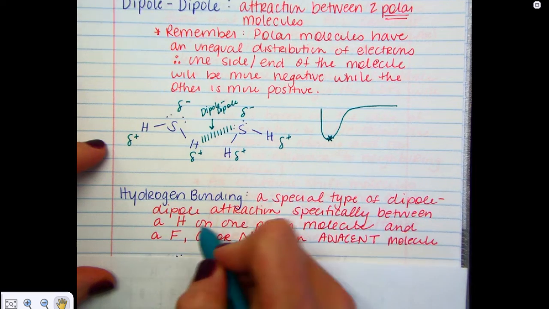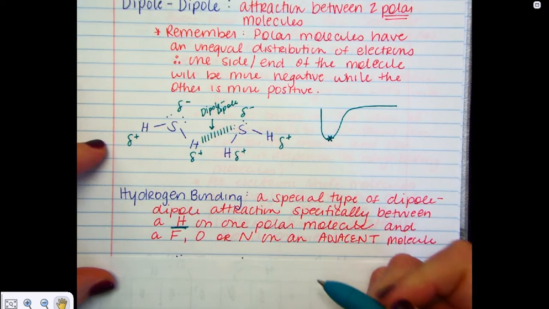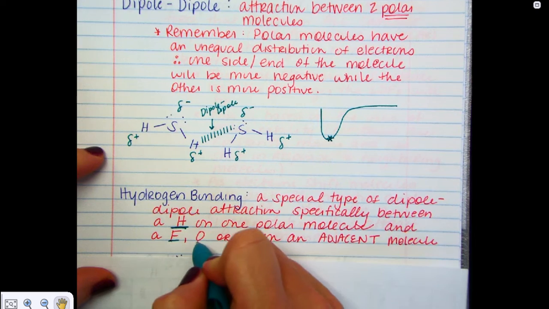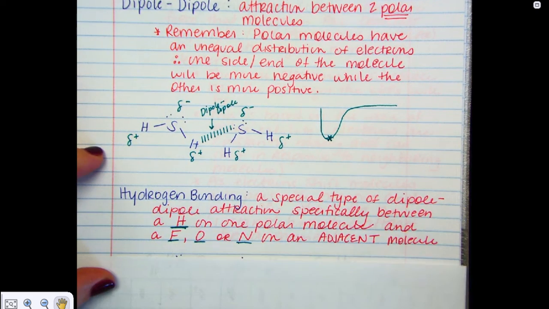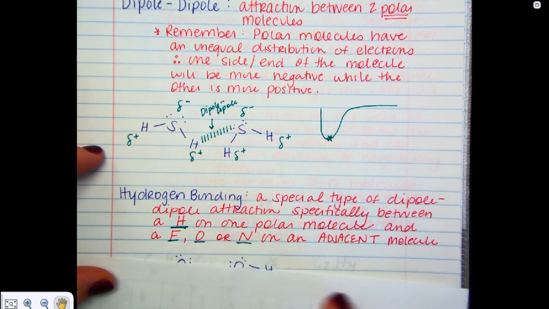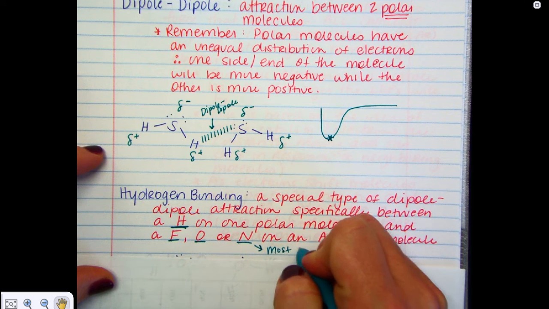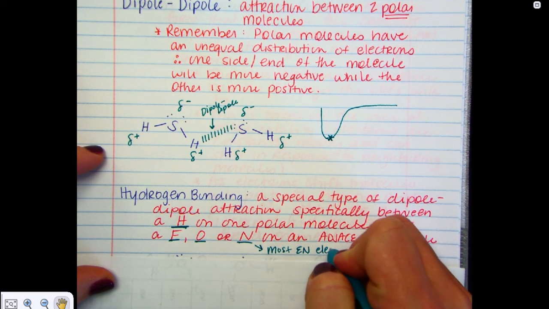This is where I have a hydrogen on one polar molecule, and it's attracted to a fluorine, an oxygen, or a nitrogen on an adjacent polar molecule. Okay. It's those three elements in particular because those three are the most electronegative elements.